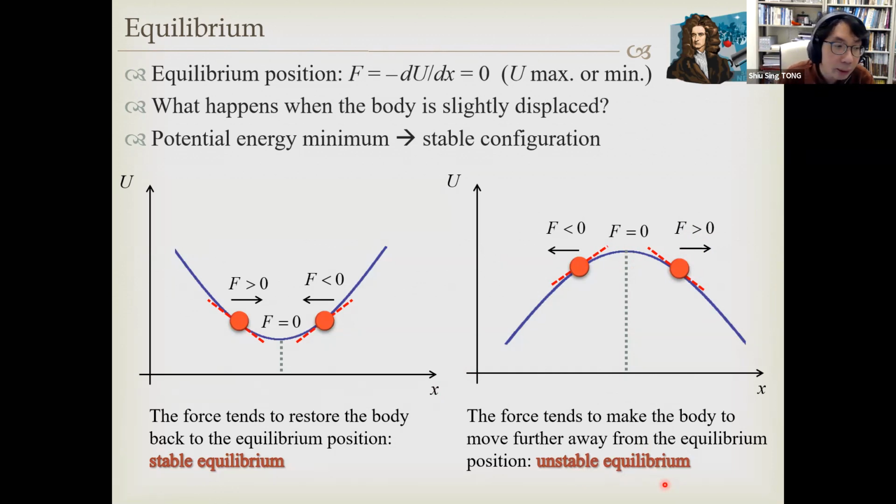Okay. Now the easy way to understand it is to use a bowl. If you use the bowl upright and you place a small marble in the middle, that is a stable equilibrium position. When you slightly displace the marble, it rolls back, right?